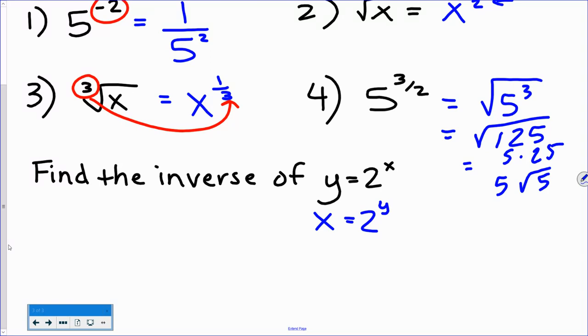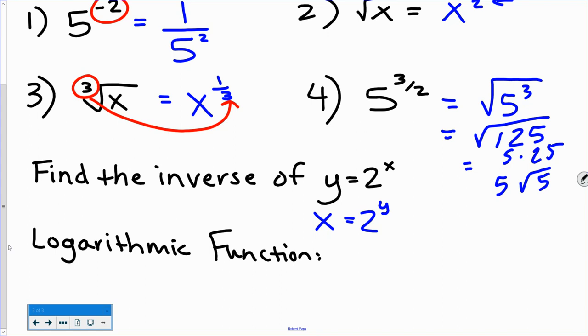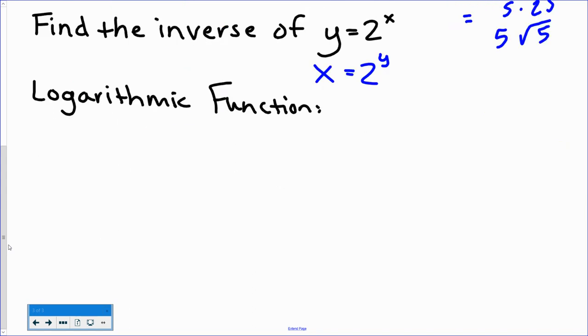All right, so this is where we bring in our logarithmic function. Its general form would be y equals log, then this would be a subscript b, just like when you write H2O, the subscript, so that's what that little b would be like.